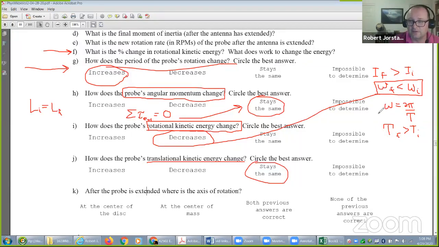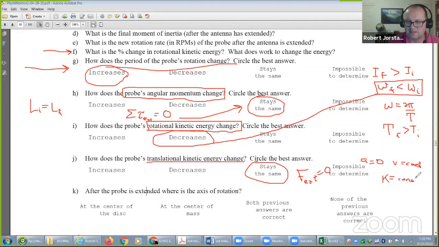We did account for this rotational change, but if this thing's flying along and there's no force exerted on it, the external force equals 0, which tells us that a is equal to 0, which tells us v equals constant. And since the velocity is constant, that tells us K is also constant. So that's kind of funky.